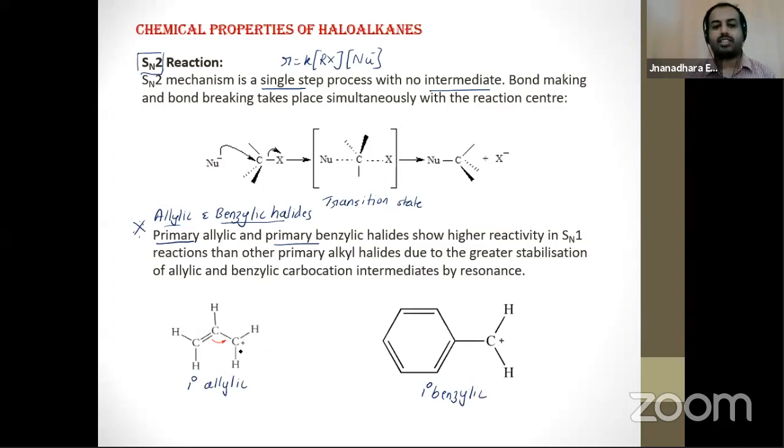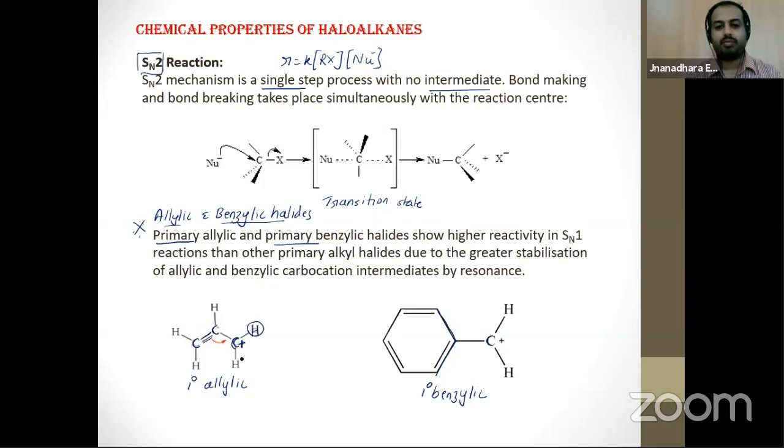What do you mean by an allyl system? A carbon atom attached to a carbon-carbon double bond is an allyl system. A benzyl system is a carbon atom attached directly to a benzene ring. These are all primary carbocations because the carbon with the positive charge has two hydrogens.